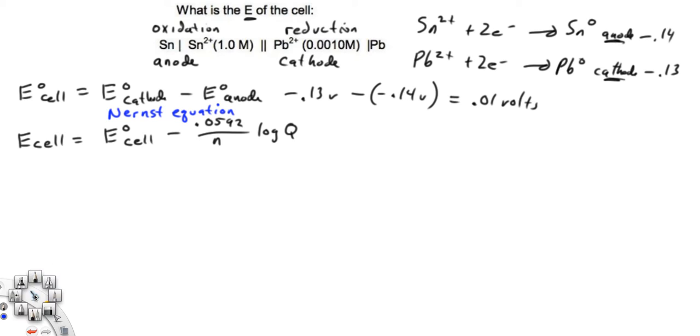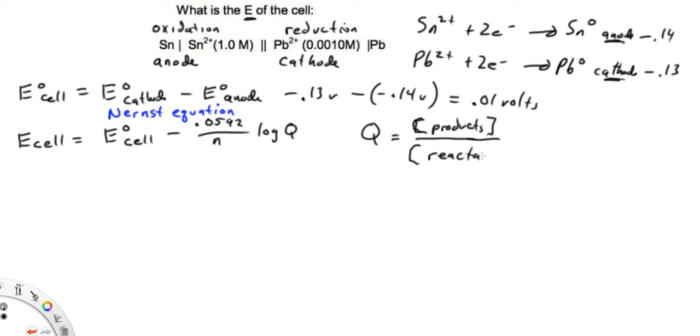And we've already calculated E naught of the cell. Remember that Q is our quotient, similar to calculating the equilibrium constant. It's going to be the concentration of the products, anything that is in solution or any gas, we would write the pressure, over the concentration of the reactants.